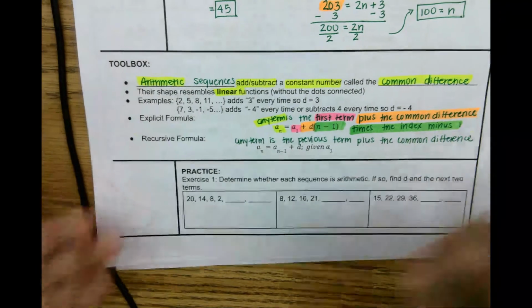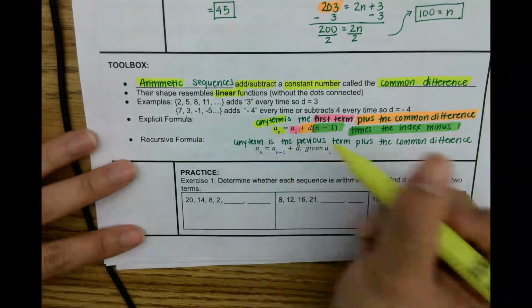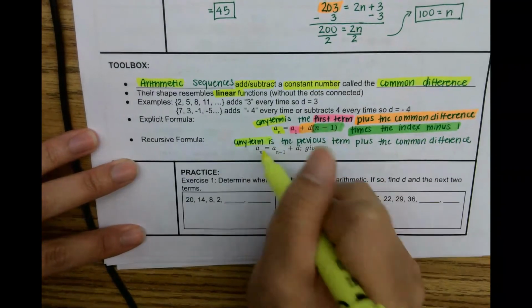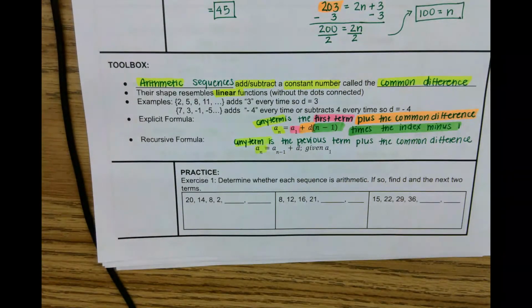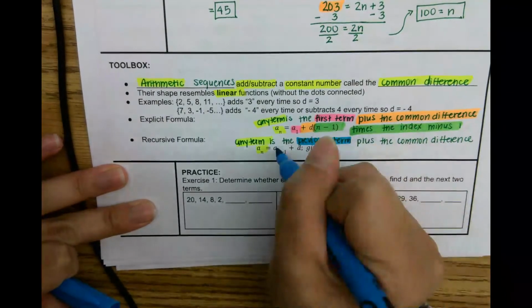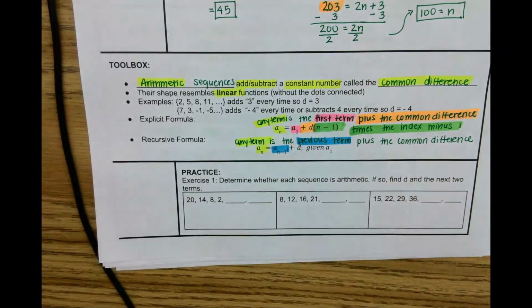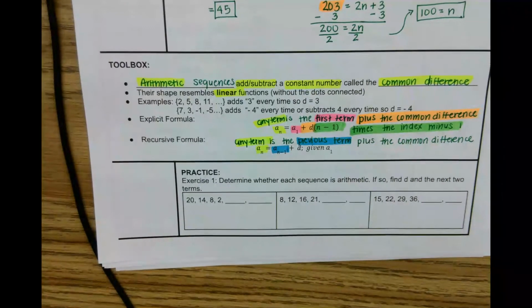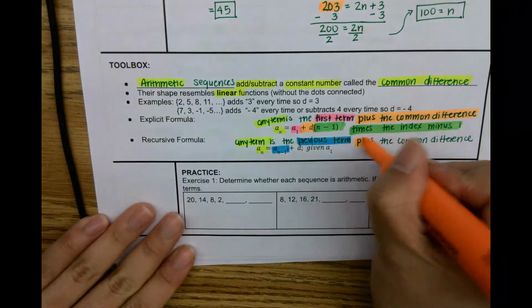Right. So again, how did I get that? a sub n, any term. Okay. Previous term is this, right, which we talked about last time, is a sub n minus 1 tells me the previous term, and it is plus the common difference.